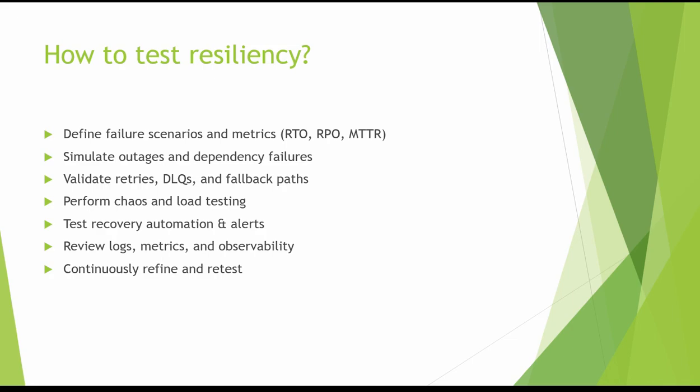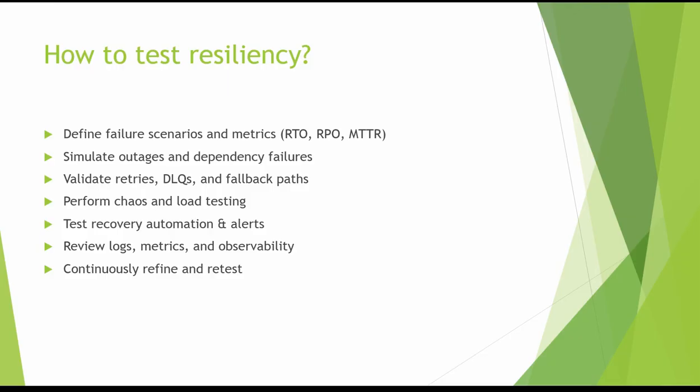We need to know exactly what happens if we disable any dependency. Validate retries, DLQ, and fallback paths. When we disable something, does it log the message into the dead letter queue, or does the message get lost? We need to think about those things.